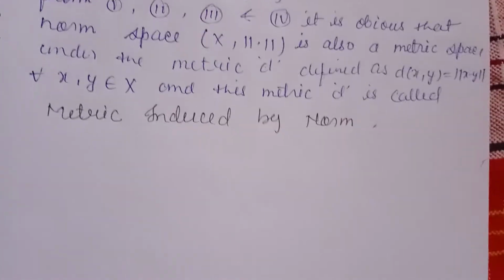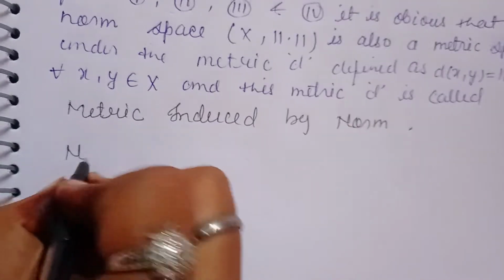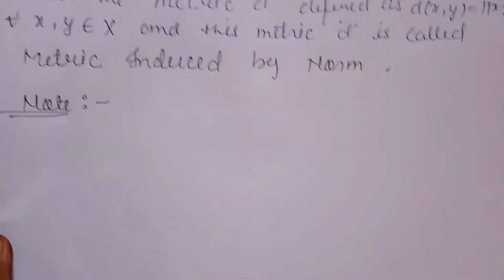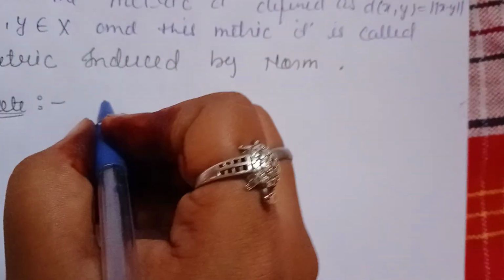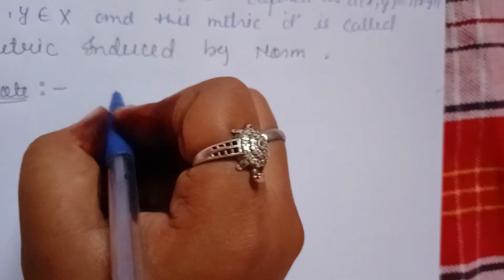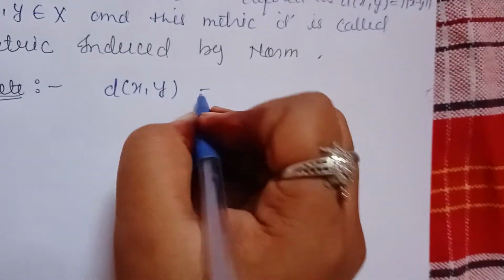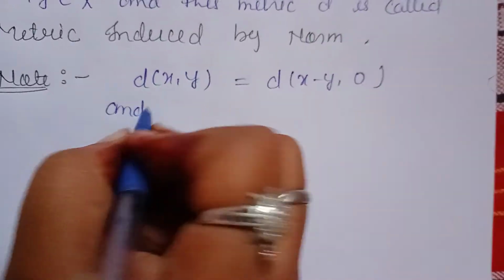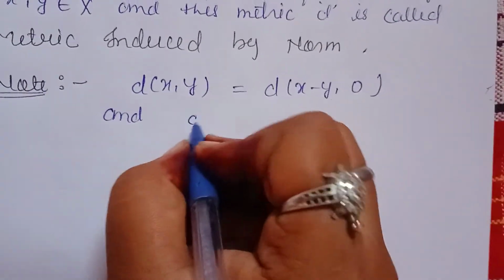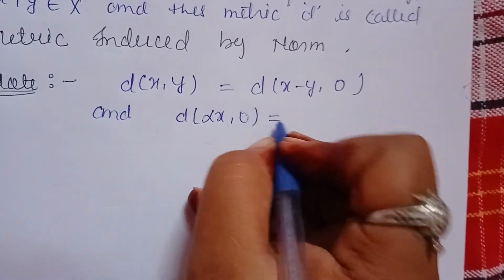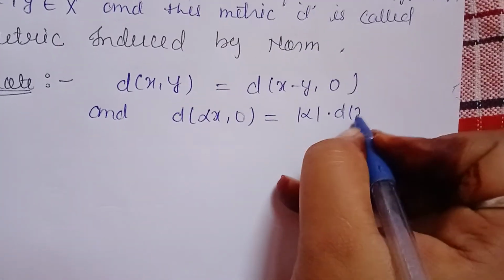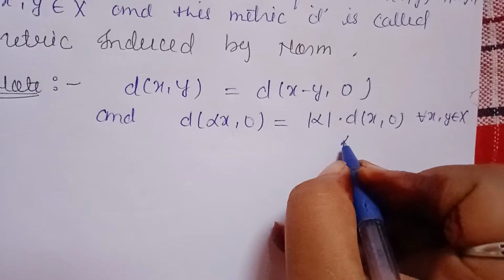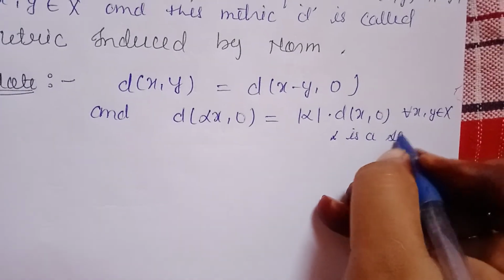Here some notes are given below. The above metric space d on the norm space also satisfies the following properties: d(x,y) is equal to d(x minus y, 0), and d(alpha x, 0) is equal to modulus of alpha times d(x,0), for all x, y that are elements of X. Here alpha is a scalar.